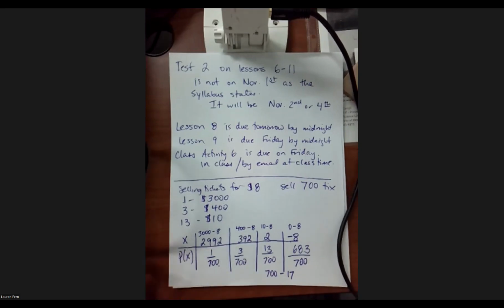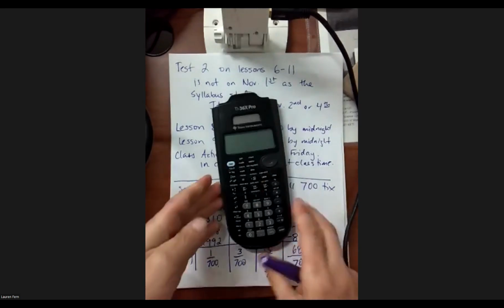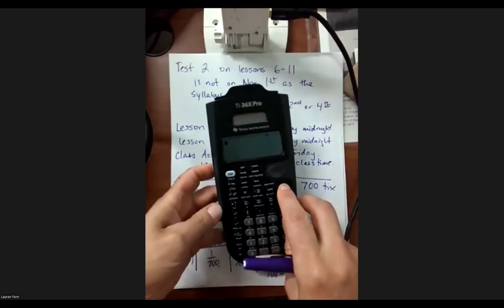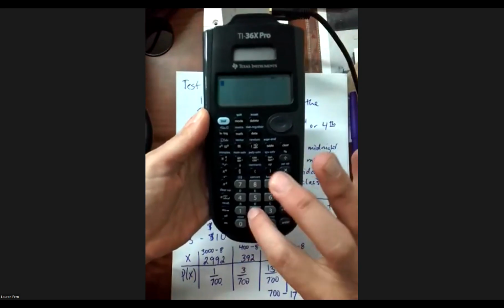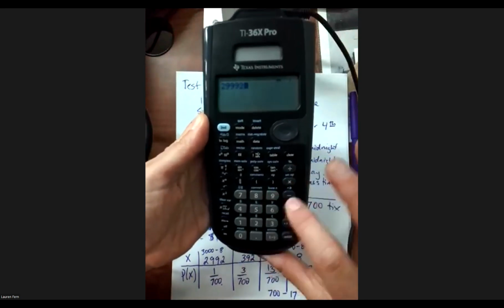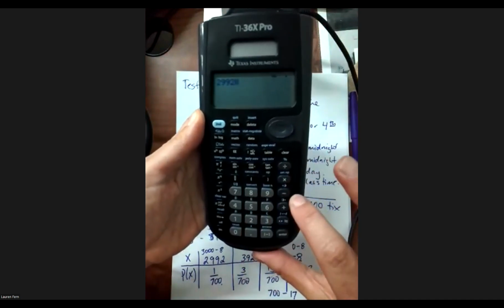Okay, I can show you that in a calculator if you'd like me to. So I'll turn my calculator on here. And literally, I'm going to type in what I have here. So 2992, oops, hopefully I can do it correctly.